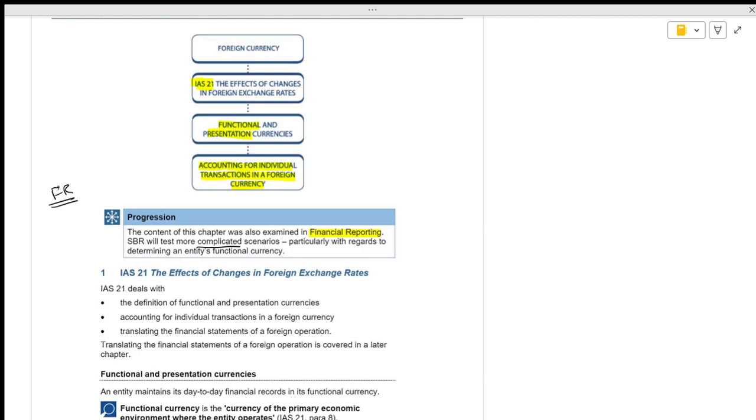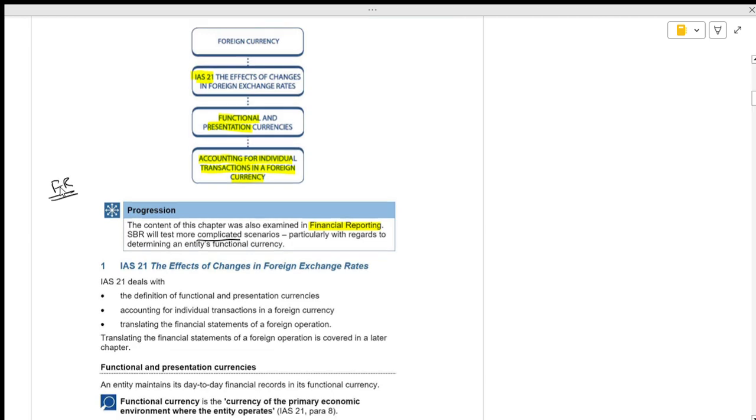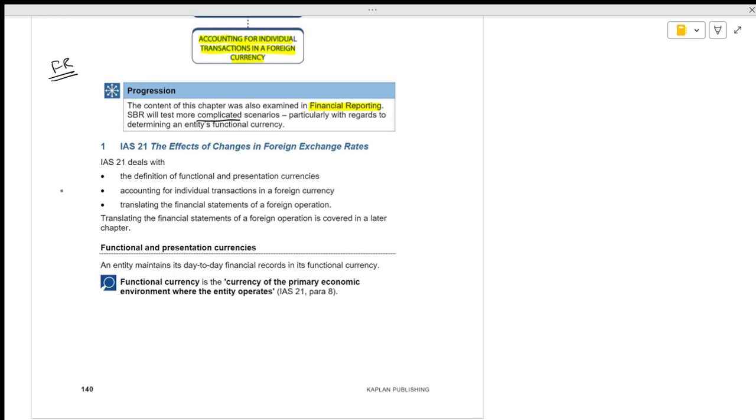What does IAS 21 say? IAS 21 deals very specifically with the definition of functional currency and presentation currencies, accounting for individual transactions in a foreign currency, and most importantly, translating the financial statements of a foreign operation. See, let me take the example of KFC.